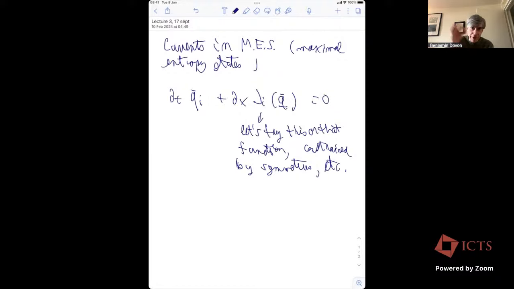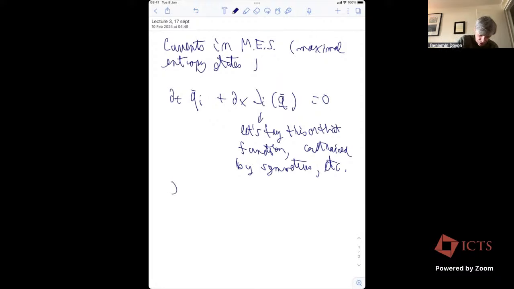These functions are very special, and their special properties come out from statistical mechanics, from the fact that they are currents of conserved densities in maximum entropy states. These currents depend on the model, you have to calculate them, but you cannot put any function there. In general, for interacting models, people don't know how to compute them.